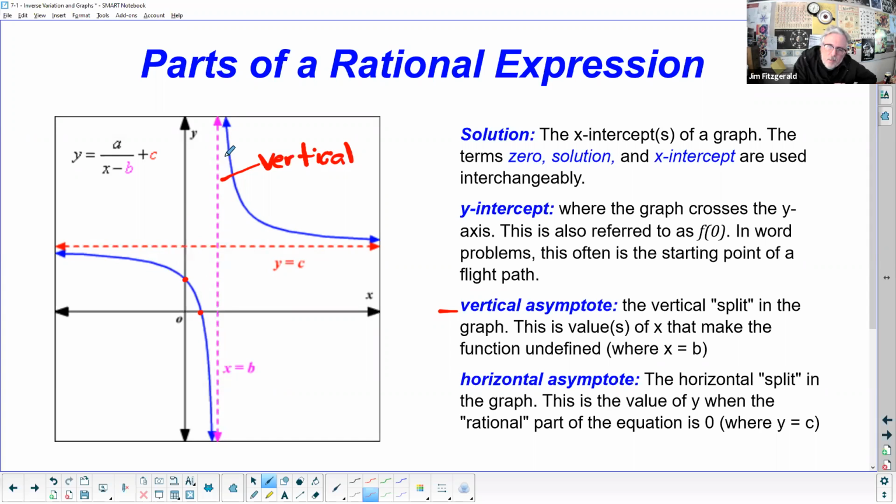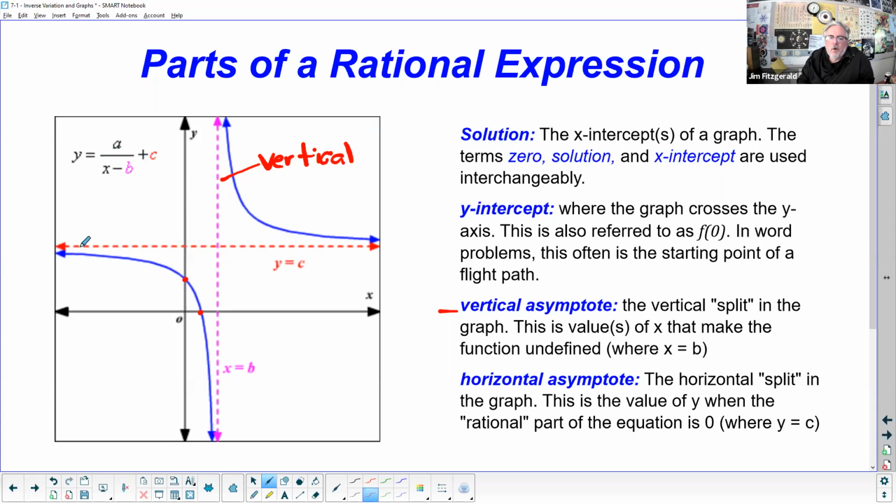What that represents is where the domain is undefined. It's the domain value that gives us an undefined value. So in this case, it's the thing that makes x minus b equal to 0. If I have a value for x that makes this 0, this function is going to be undefined. And that undefined spot is right where the graph splits. So that's called a vertical asymptote.